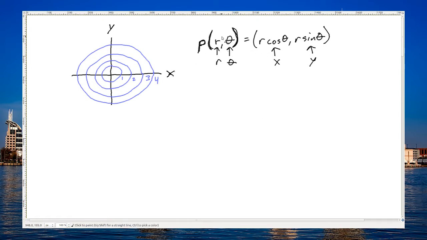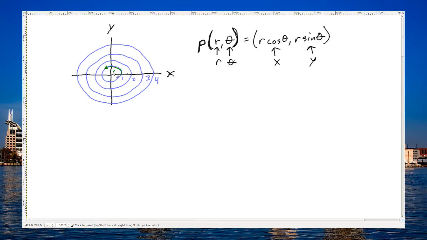Well, it's much easier to describe this just in terms of the r's and the theta if we've got these nice circles written, because what that tells us to do is take the angle theta, whatever that angle is, and rotate it. So let's say that this is our theta, something like 3 pi over 4, 135 degrees.